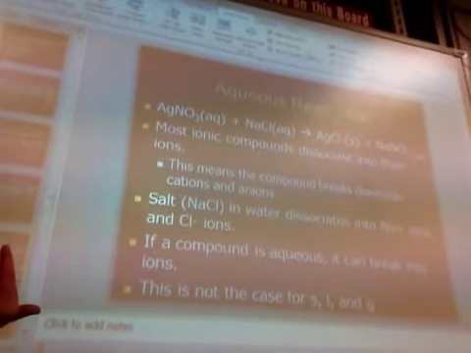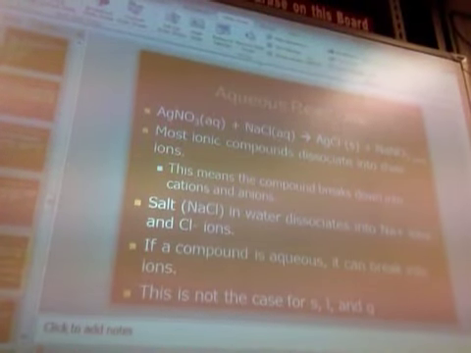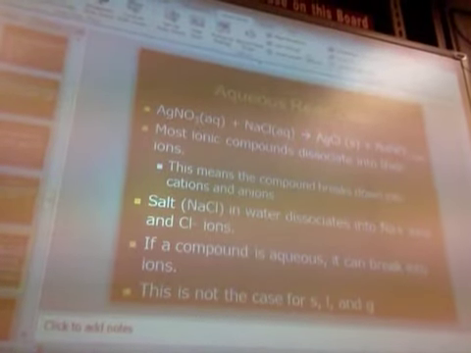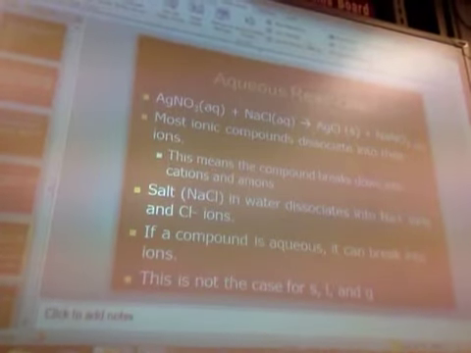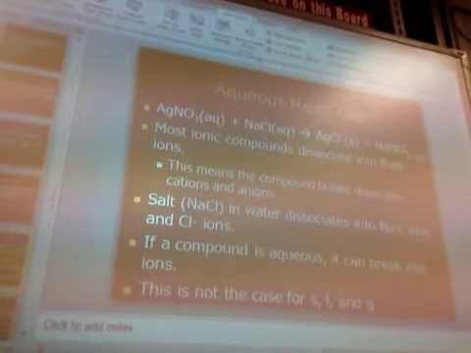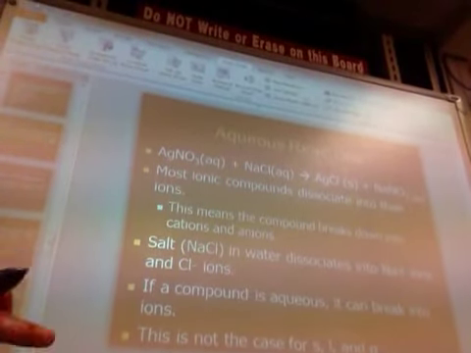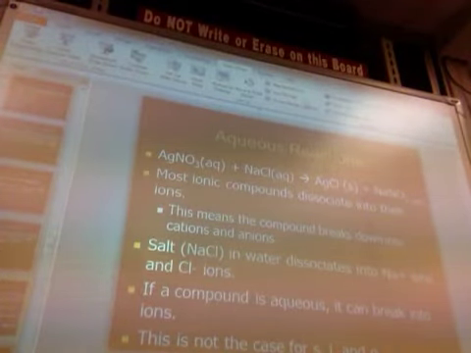But let's say that I have sodium chloride as a solid. That would not break down into its ions. If it were a liquid, it would not break down into its ions. And if it were a gas, it would not break down into its ions. So the only form in which a compound can separate or dissociate into its ions is an aqueous solution.